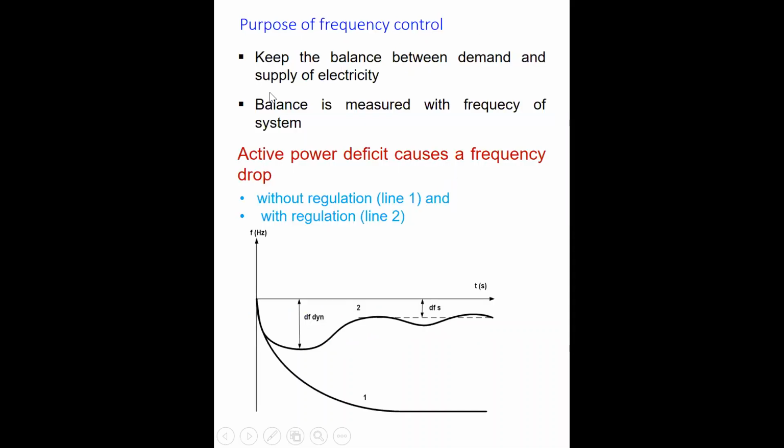So that's the purpose of frequency control. We want to keep a balance between the demand and the generation side.